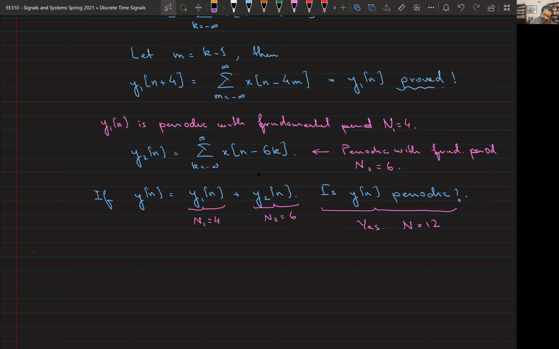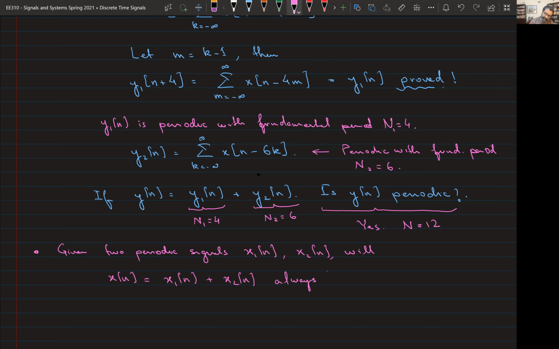Given two periodic signals, x1 of n and x2 of n, will x of n equals x1 of n plus x2 of n always be periodic? This is a question I'm leaving for you. Many times I've asked this in an exam, and make an argument.